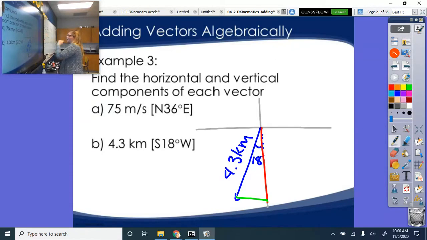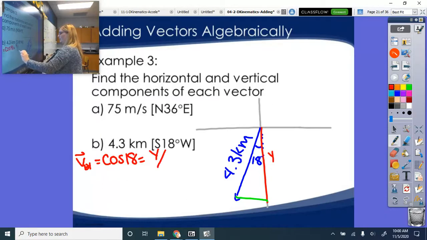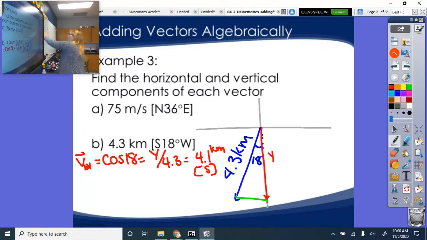Okay, so if I'm going to go for a y, my vector in the y direction, you could label as b y if you wanted to, since it's technically vector b. It's going to be the cosine of 18 degrees equals y divided by 4.3. Cosine of 18 times 4.3 is going to give me 4.1, and that's going to be kilometers, and it's heading south because that's the direction that my vector is going.